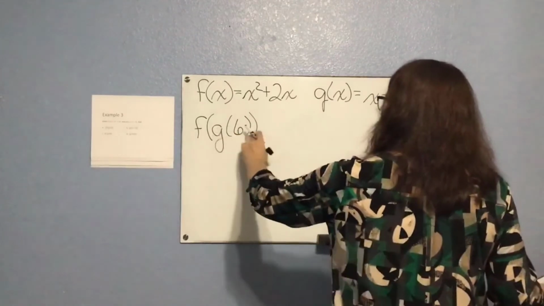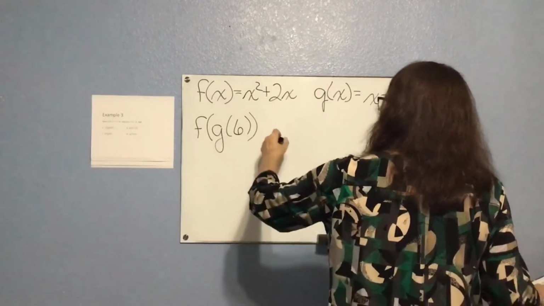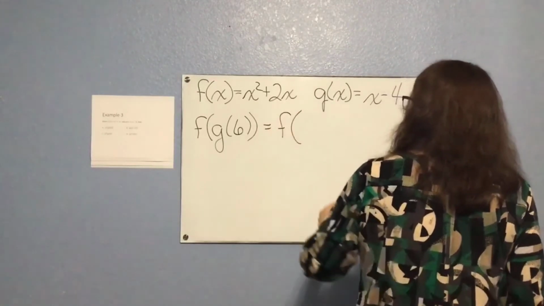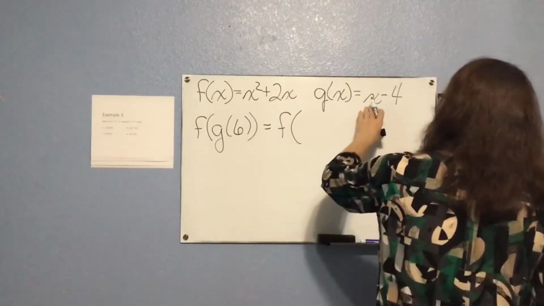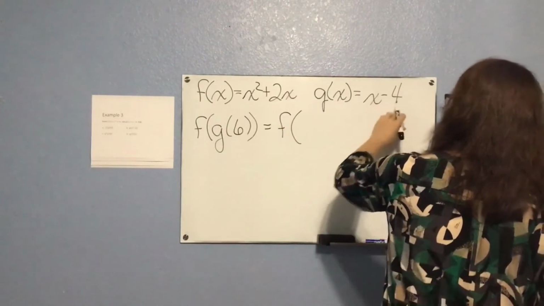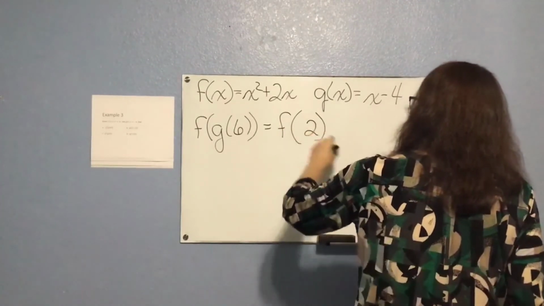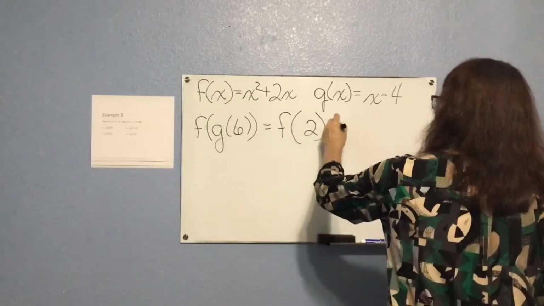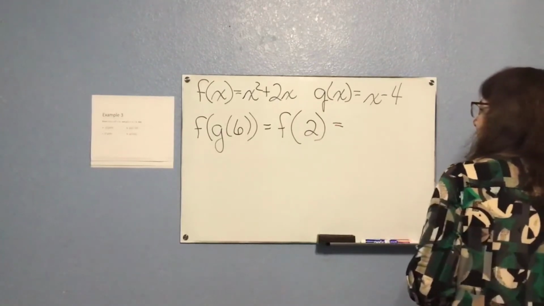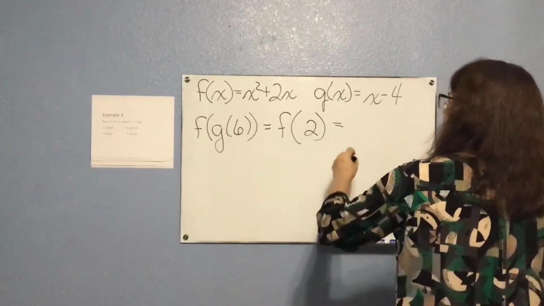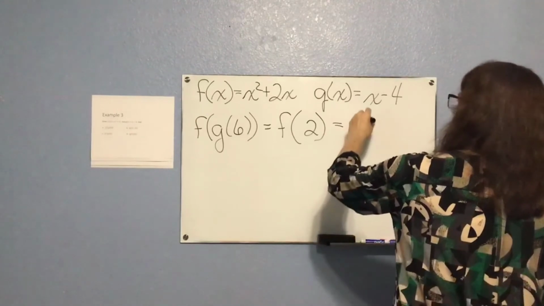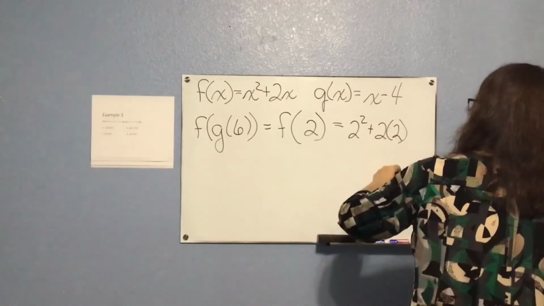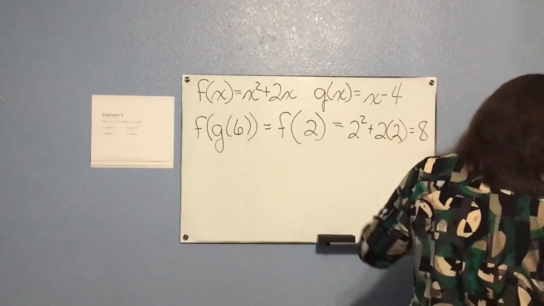So I'm going to use g of 6, which would be, if x is 6, 6 minus 4 is 2. And now I'm going to find f of 2. And so I'm going to have 2 squared plus 2 times 2, or 8.